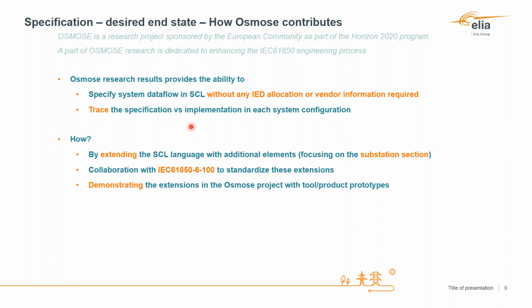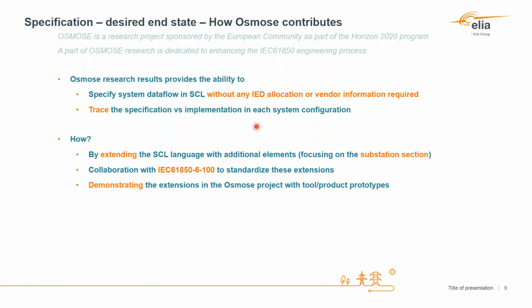And the result of this research has provided ways to now specify system data flow inside SCL without having to allocate anything to an IED. So we can now really specify in SCL the way we want our system to behave, the way data needs to flow between elements, without having to introduce IED elements or vendor-dependent elements into it.